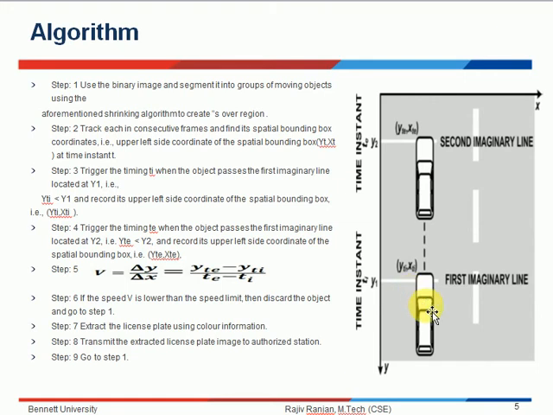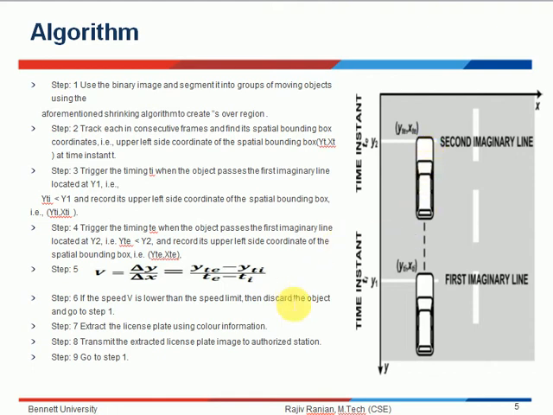We can see the meeting point of the first imaginary line with the front of the vehicle, where we mention the coordinate points xti and yti, and again for the second imaginary line the coordinates will be xte and yte, right?